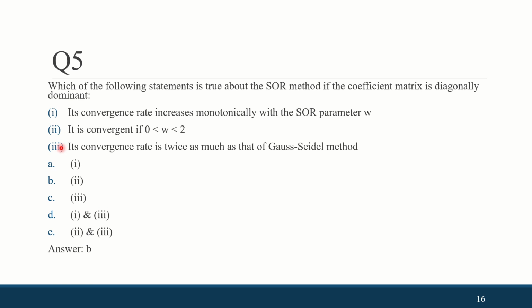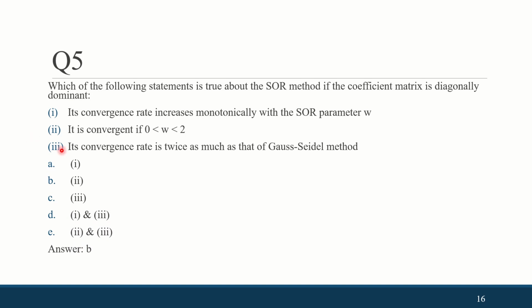If omega is between 1 and 2, it is over relaxed, and if it is between 0 and 1, it is under relaxed. But we cannot say that its convergence rate is monotonically increasing with the SOR parameter omega, but we can say it is convergent if omega is between 0 and 2.